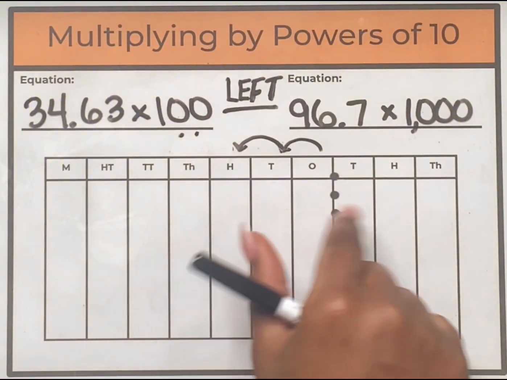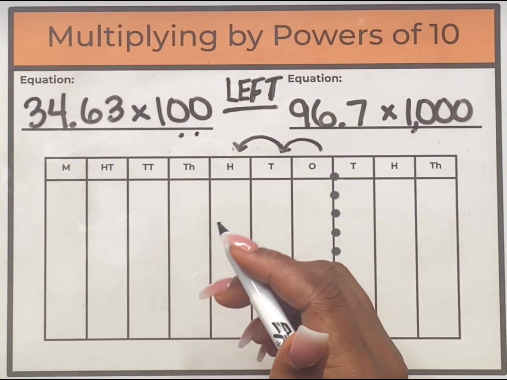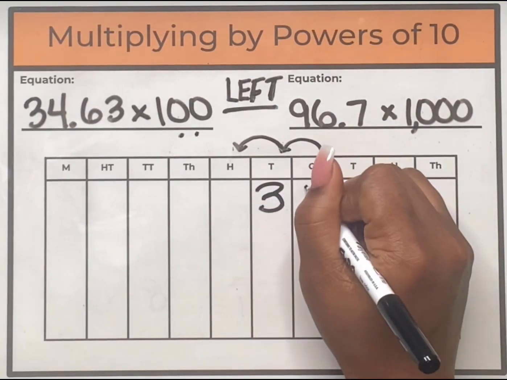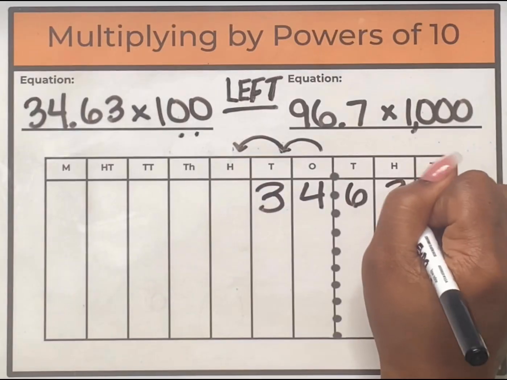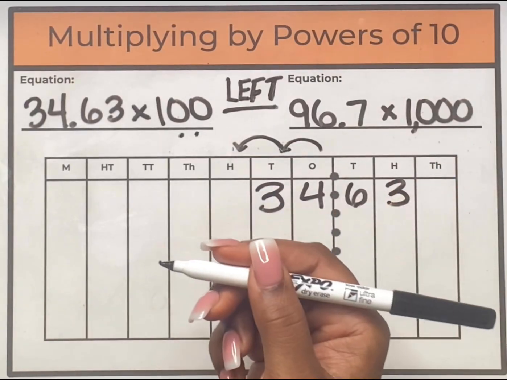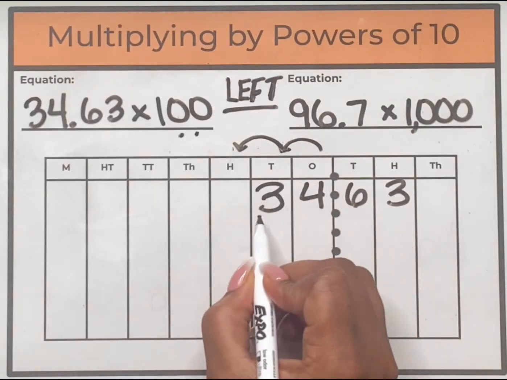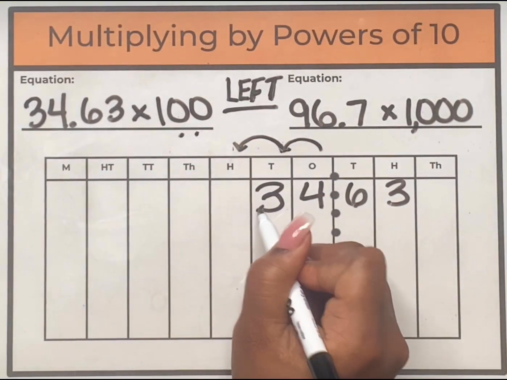Let's go ahead and do it in the chart. We're going to place 34 and 63/100 in the chart. And when we're going forward, we're going to be in the front of the number. Again, when you're going forward or to the left, you should be in the front.